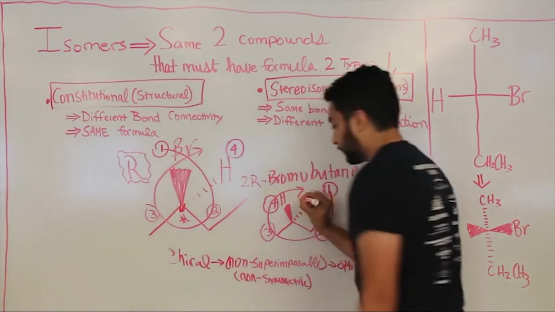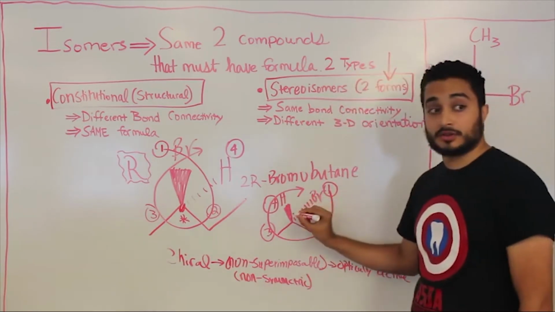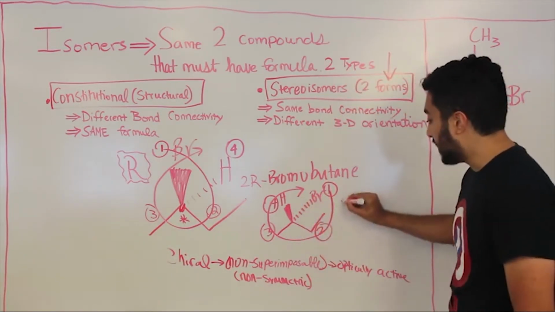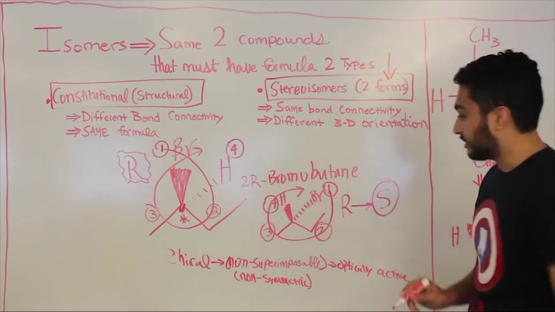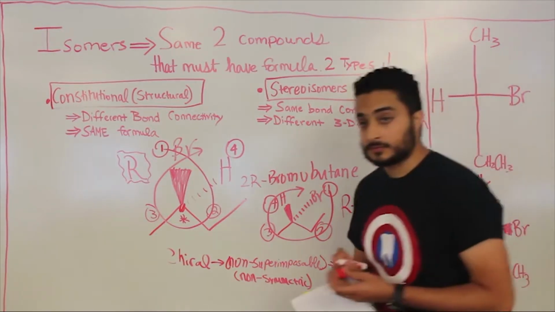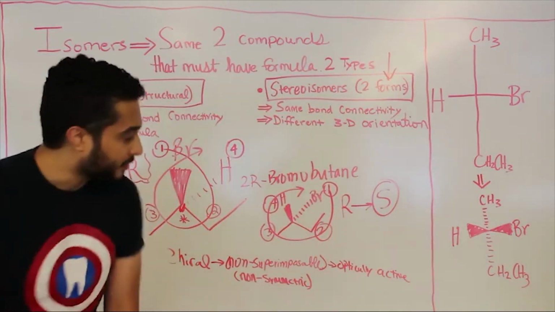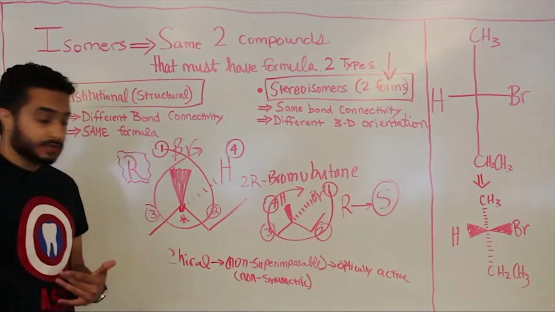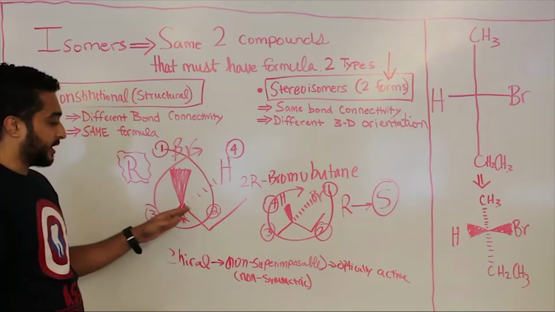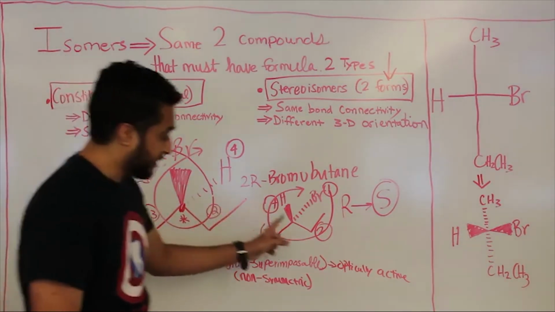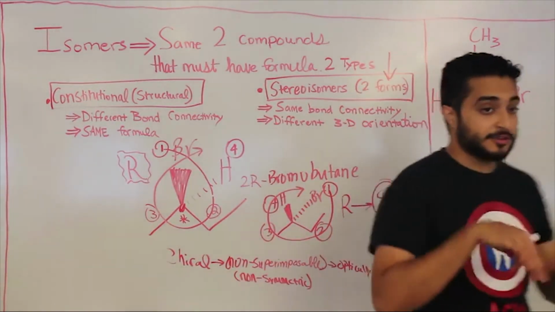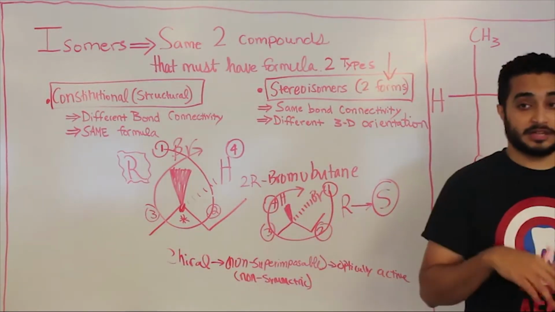So we take that R and invert it, and it changes to S. So the important thing is you first prioritize them and make sure your fourth priority is on the dash. If it's not on the dash, then you flip that orientation from what it seems like it is.